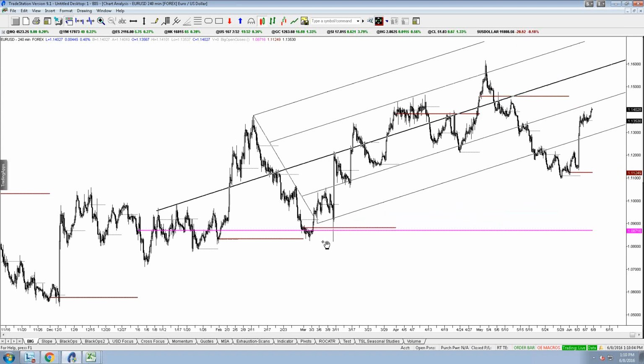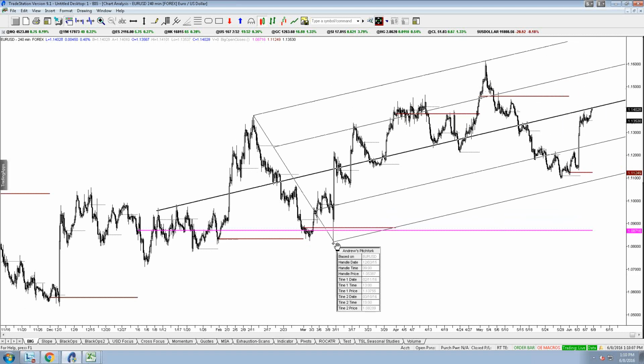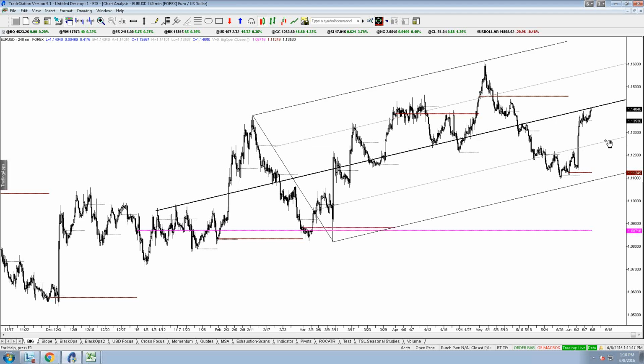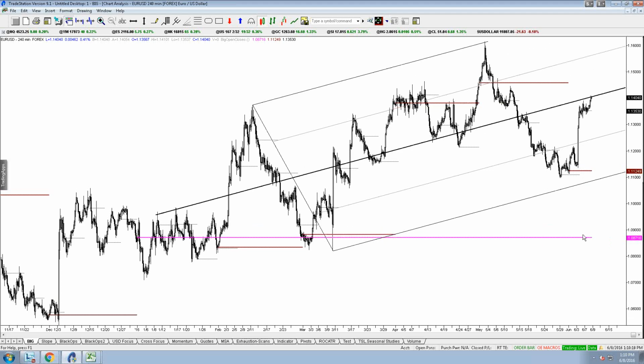Okay, so that's kind of why I'm looking more at this. Eventually, this 50 line could come in as support. It was support, it was resistance. That would put you a little lower than where I want to have an entry.